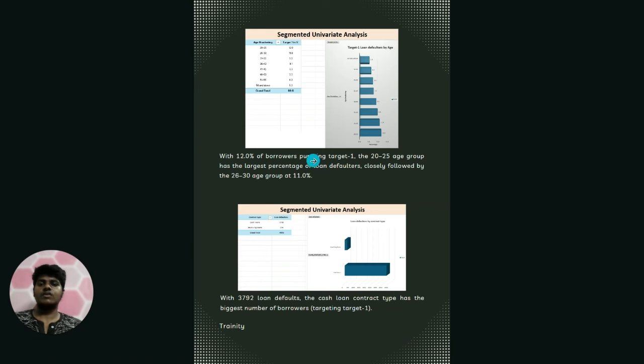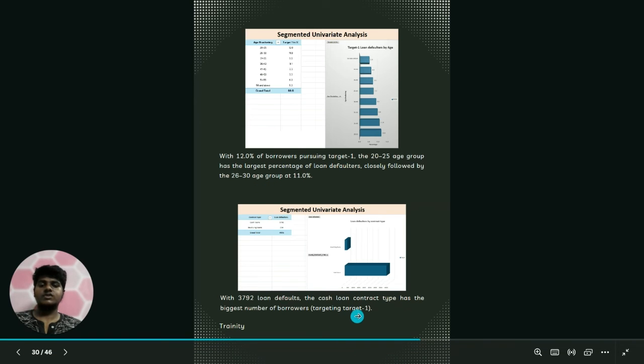When it comes to segmented univariate analysis, the 20 to 25 age group of borrowers has the largest number of loan defaulters, followed by the 26 to 30 age group. When it comes to the contract type, cash loan applicants have the highest number of loan defaulters.